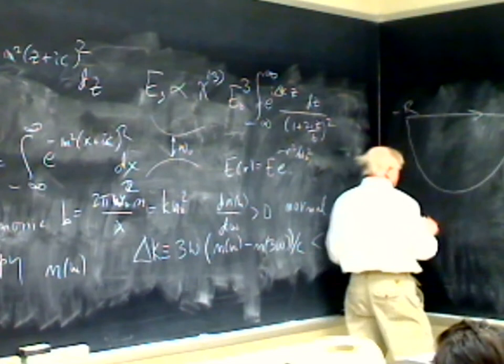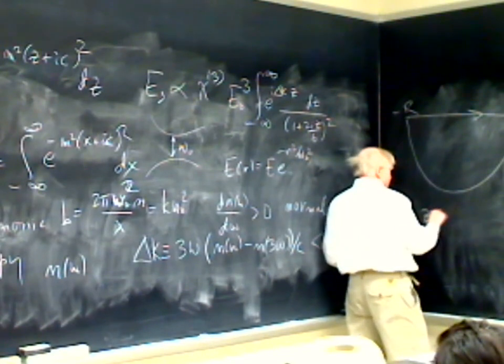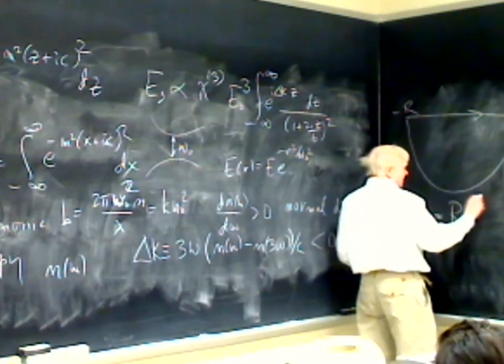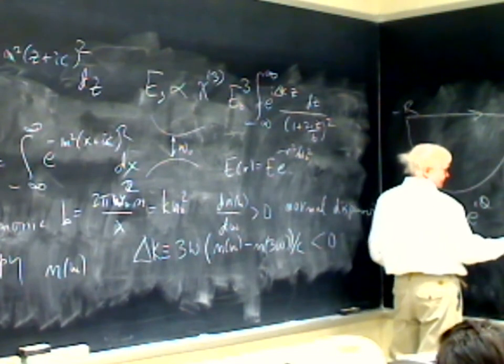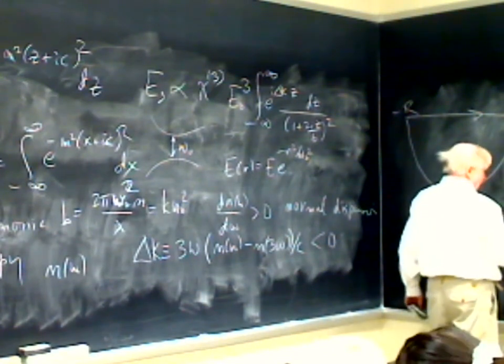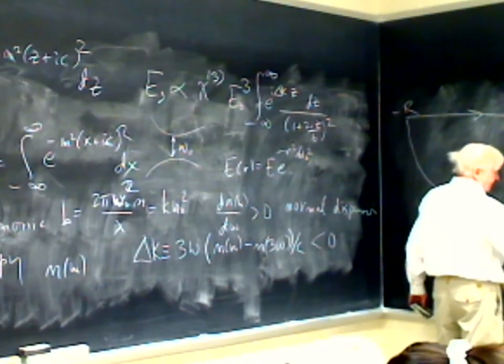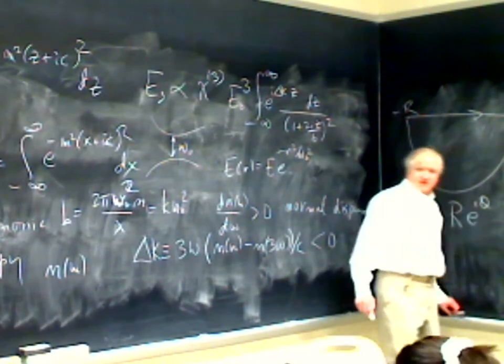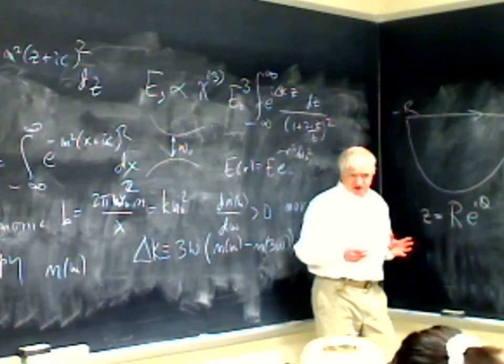I then add a ghost contour where z equals r e to the i theta, where theta is in the interval pi less than theta less than 2 pi. Okay, so that's the ghost contour.